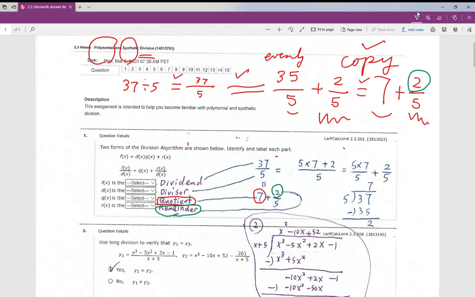And the divisor is 5. This is the divisor. And the dividend, what's the dividend? I use this color. The dividend is 37.